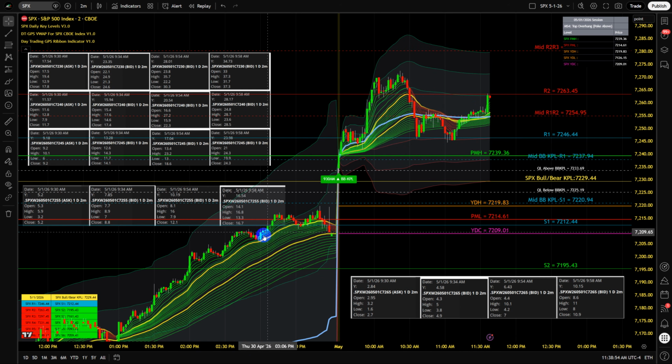Now what about the lotto options? The 72.55, again, that was based on the mid R1, R2 level, is now $12.10. Remember, this was entered at 5.20. And the 72.65 based on the R2 level is now $7 on the bid on this candle close. Remember, that entry was at 2.70.